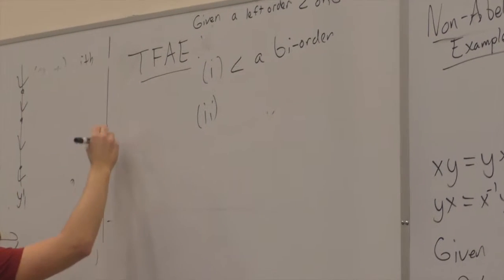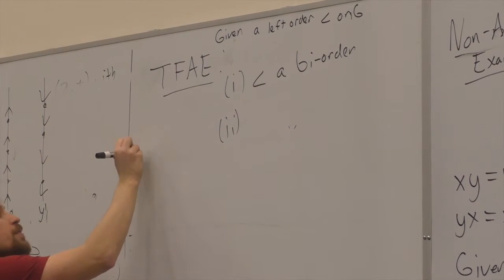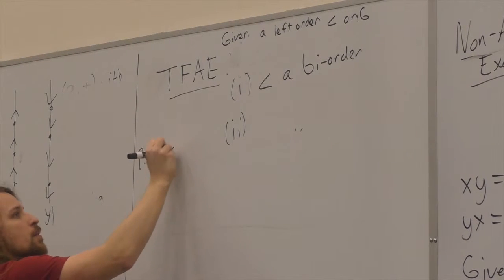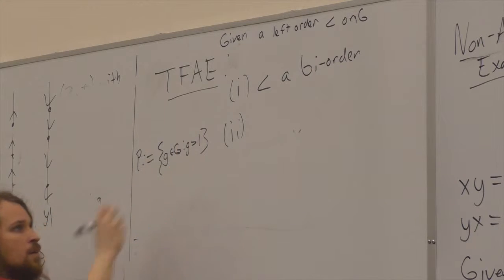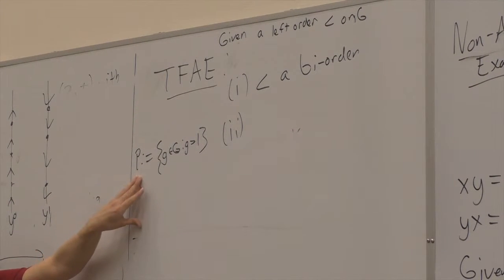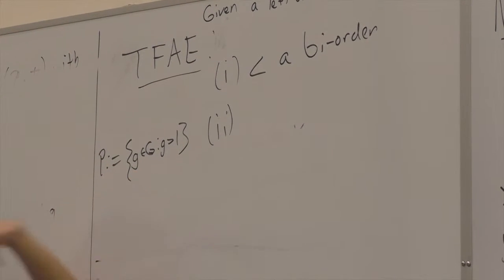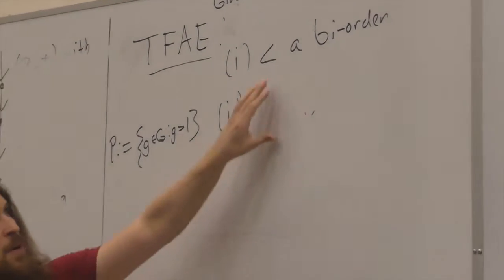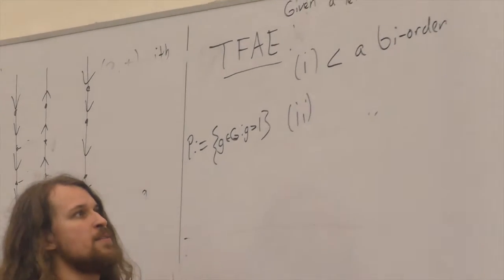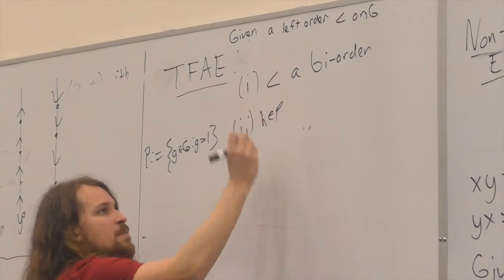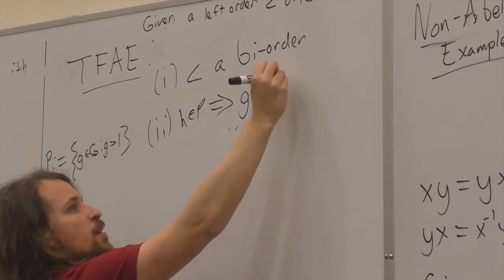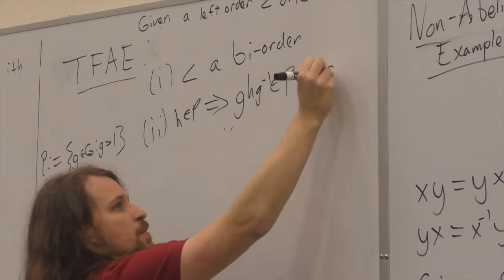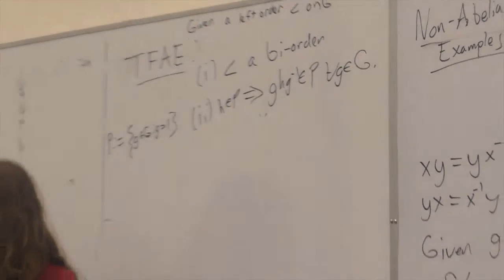I think I need a little definition here. So I'm going to let P stand for the positive cone. Basically, it's everything in the group that's bigger than 1. So being bi-orderable is the same thing as h an element of the positive cone implies that g h g inverse is in the cone for everything in the group.